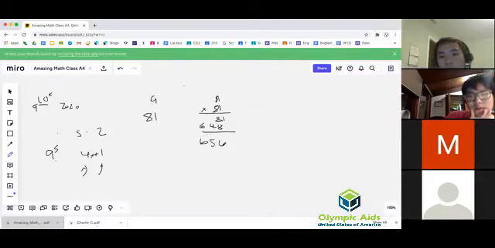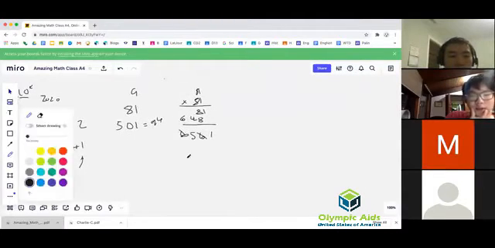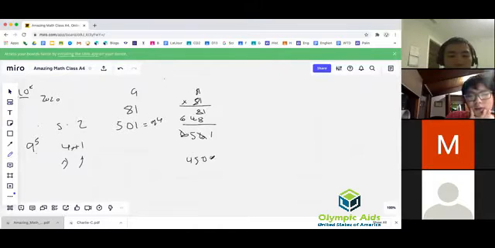Right? And then you notice that these cancel mod 2020, so you get 501 is 9 to the 4th. Should probably write that. And then multiplying this by 9, you get 4509, which is 469.